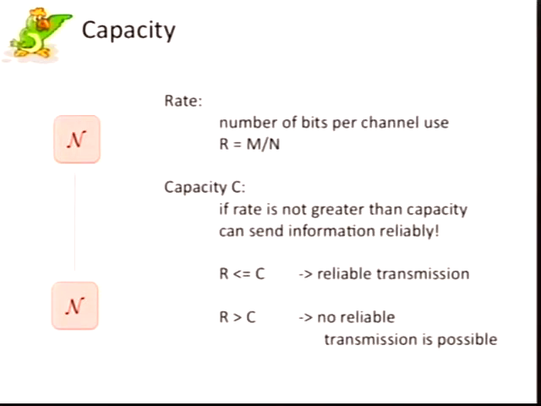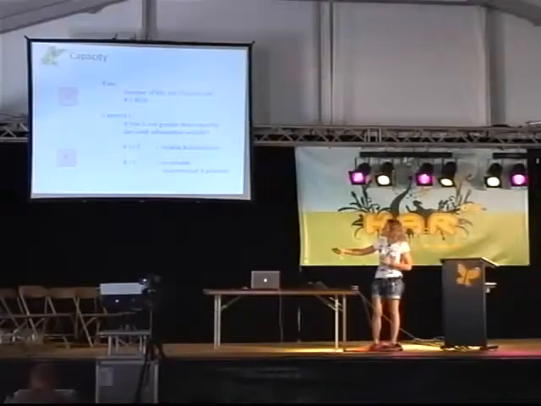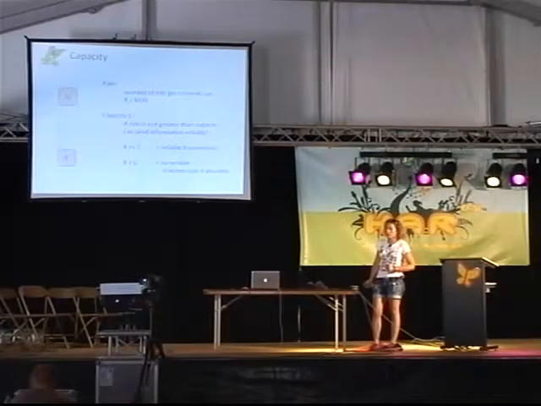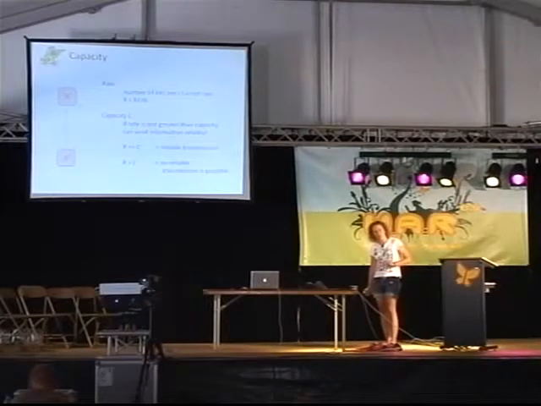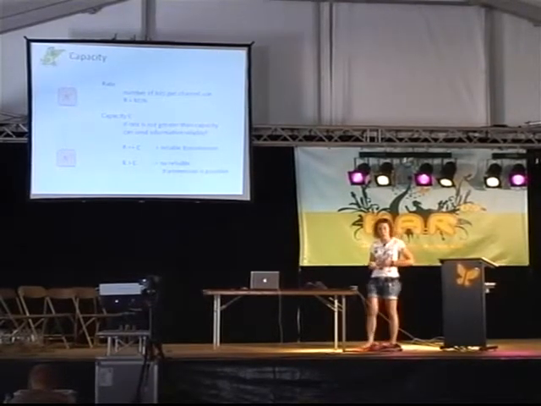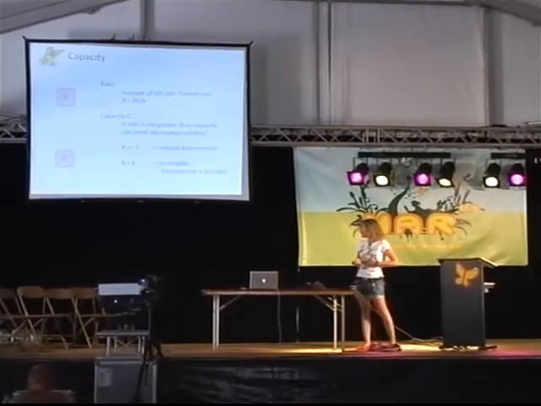And the point I want to make here is that error correction schemes cannot be arbitrarily good, as you probably expect. So this here is the rate, and with every channel there's something called the capacity, and it has the following property. If we try to send not too many bits per channel use, so the rate is smaller than this number called the capacity, then we can transmit reliably, so what goes out is exactly what comes in.